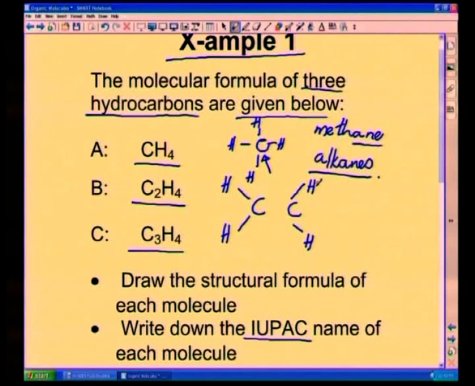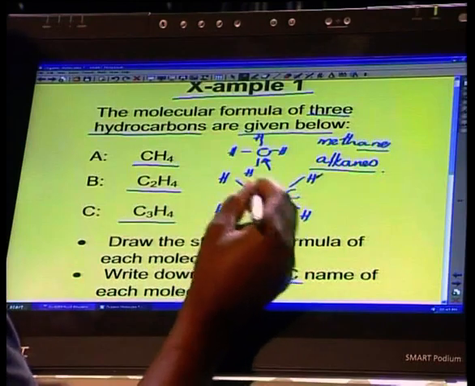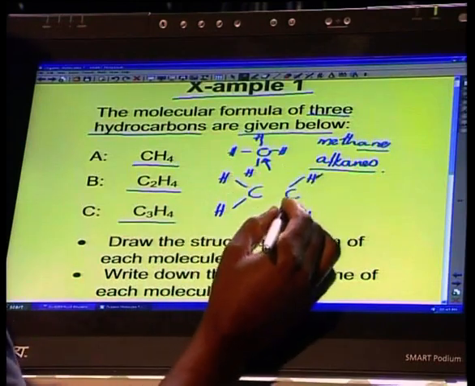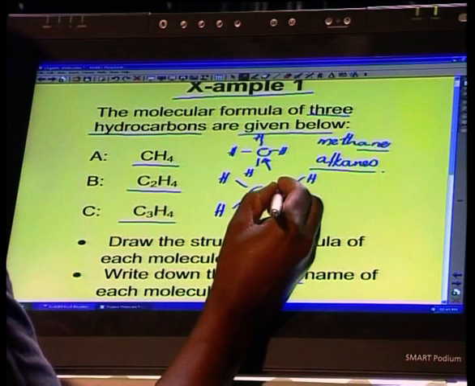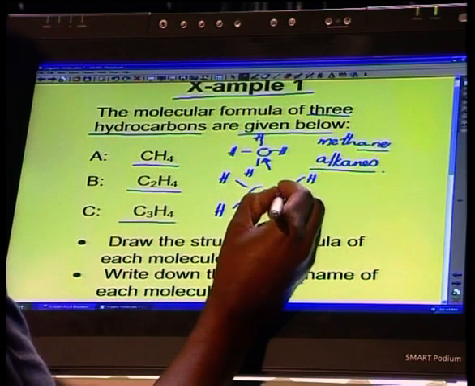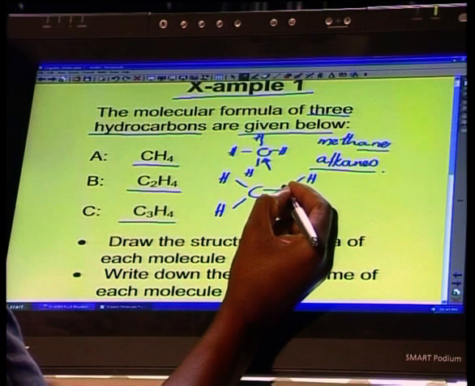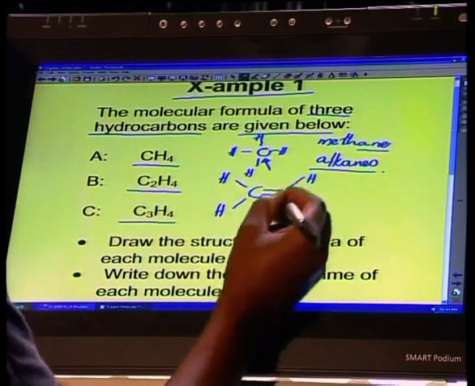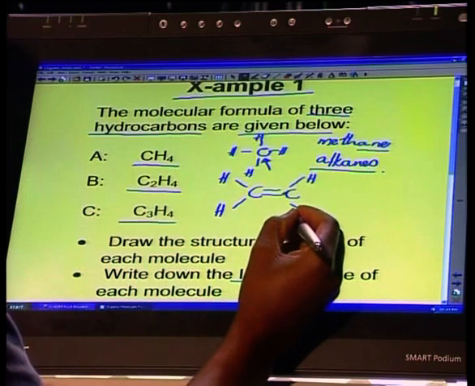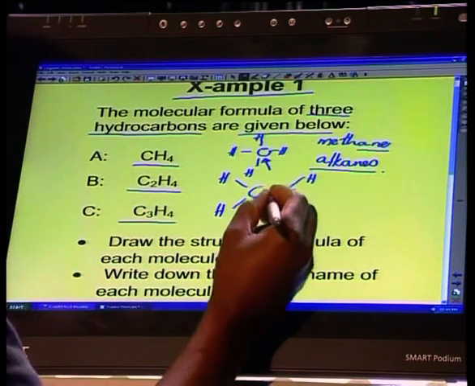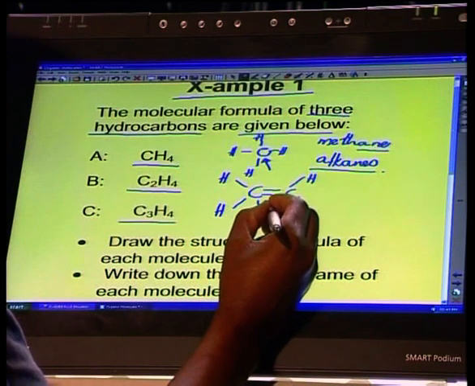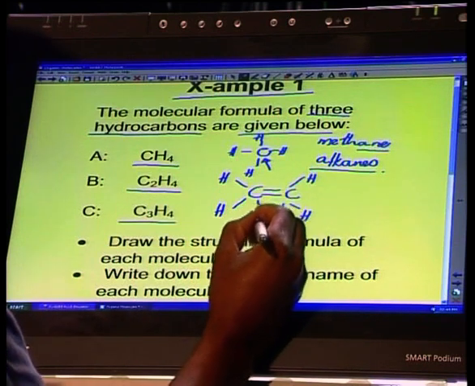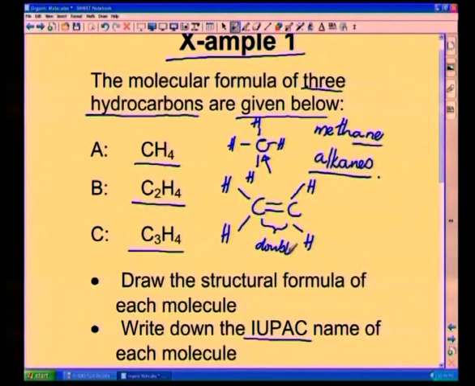Each carbon atom is capable of making 4 bonds. At this point in time, I only have 2 bonds on each. So that will be bond number 3, and this will be bond number 4, so that you have got 4 bonds around each carbon atom. And immediately it shows me that in between the carbon atoms here, I've got a double bond.